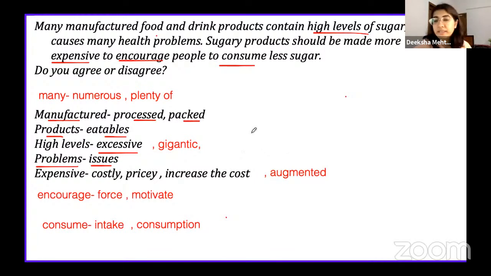See, Prithvi, that has nothing to do with our essay here. Gurpreet, eatable things? No, you can say eatables. Okay. And remove like sugar.